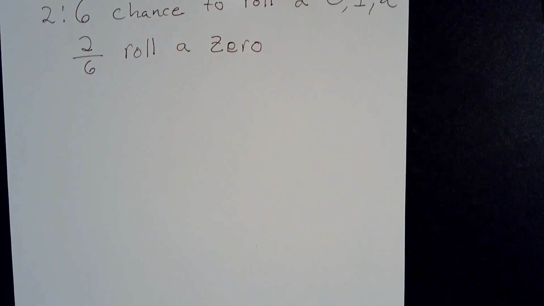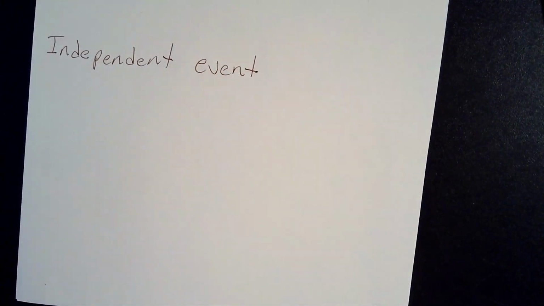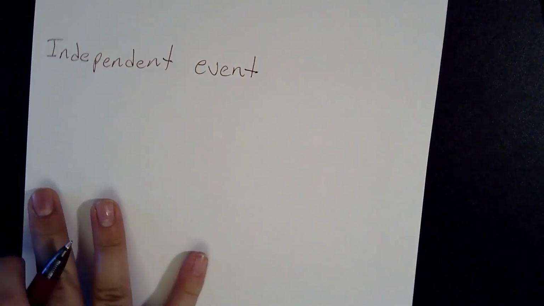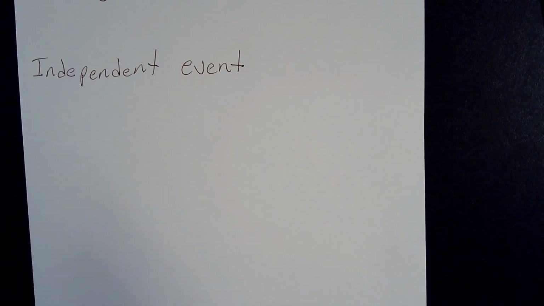Now, we're going to go over something. It has to do with probability. An independent event is an event that is not affected by an old event, okay?